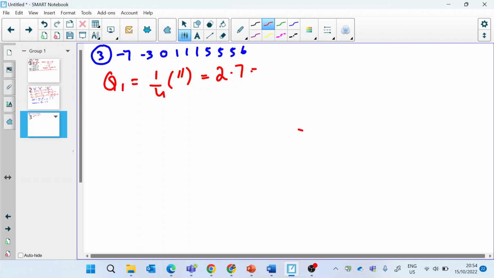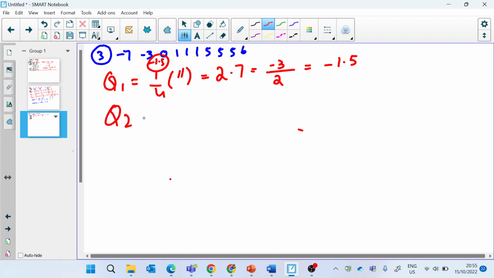So -3 plus 0 over 2 gives us -1.5. The lower quartile is -1.5.